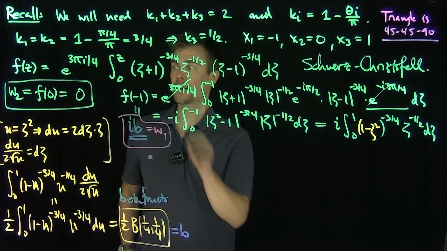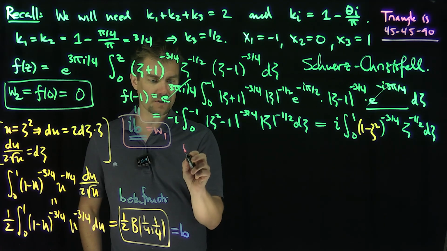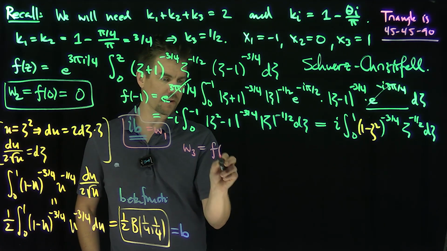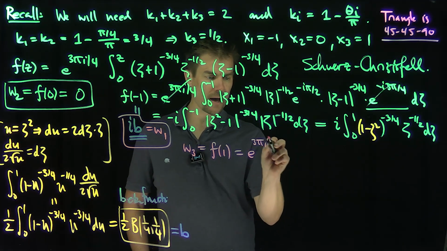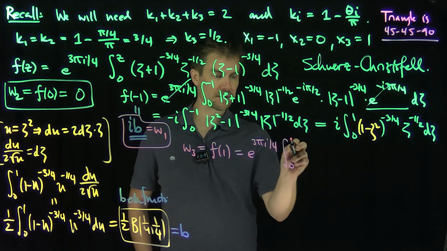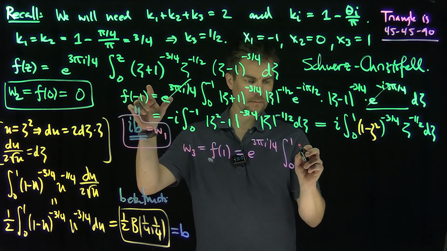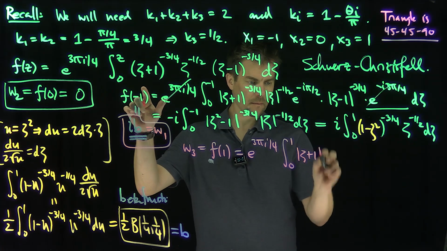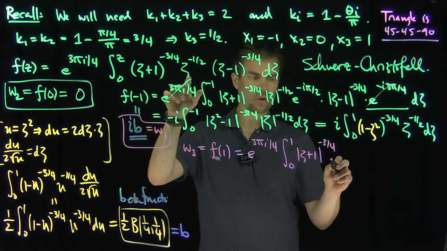Next step is to look at the final point, which is f of 1. So f of 1 is W3. And f of 1 is going to be e to the 3 pi i over 4, the integral from 0 to 1. No argument change over here.